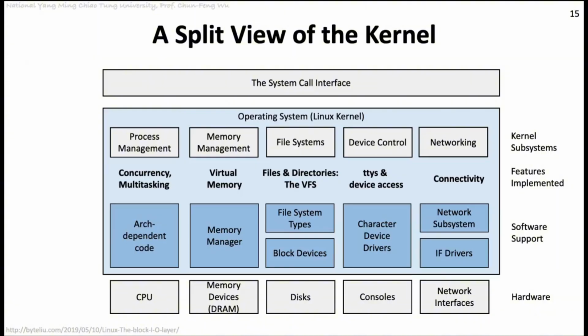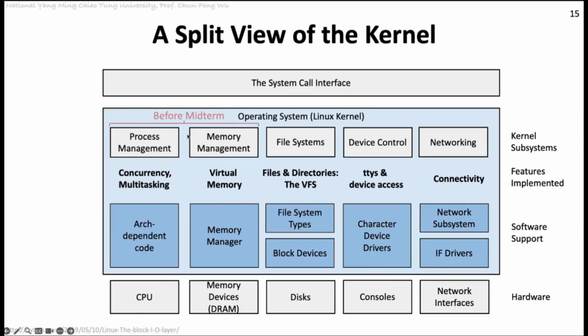First of all, let's look at this split view of the kernel. This is the system call interface. Above the system call are the applications. Under here are several hardware devices, CPU, and so on. Between them is the operating system, the Linux kernel. From lecture 1 to lecture 3, what we cover is process management, memory management, and virtual memory.